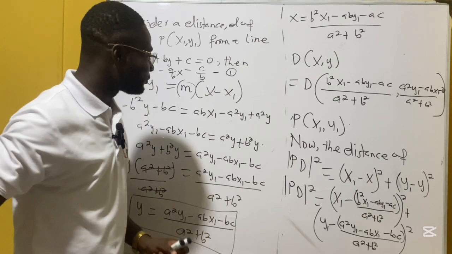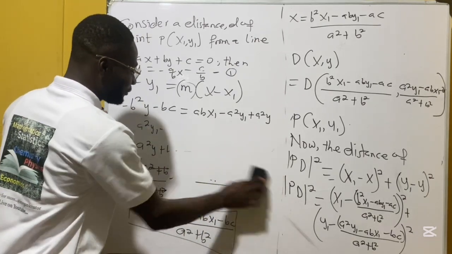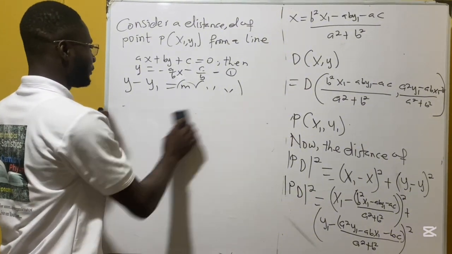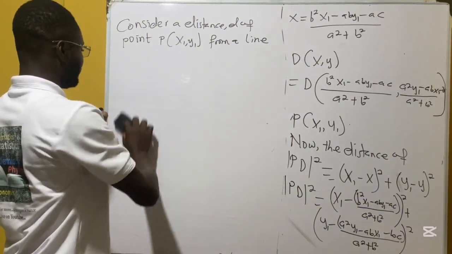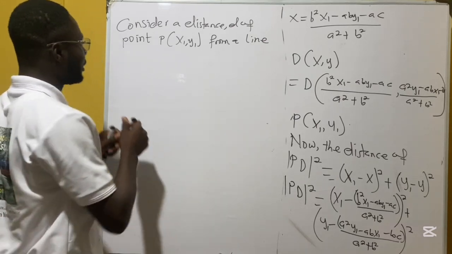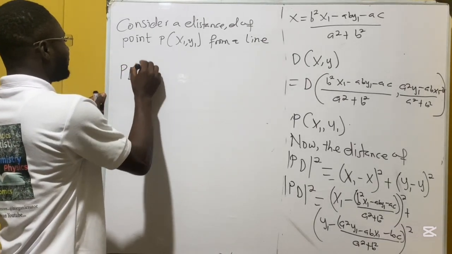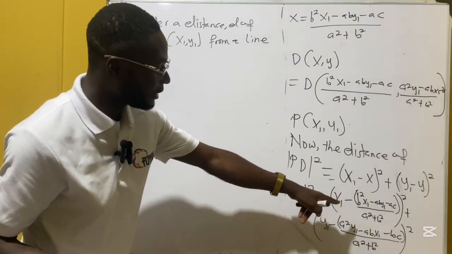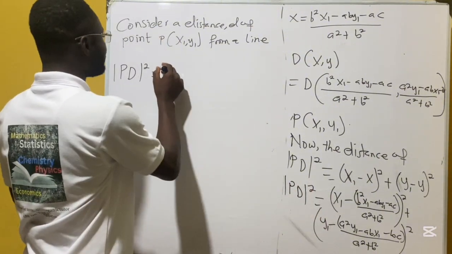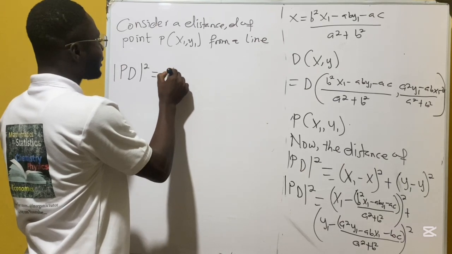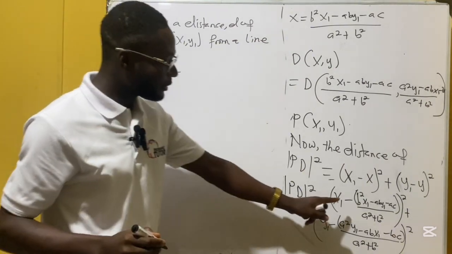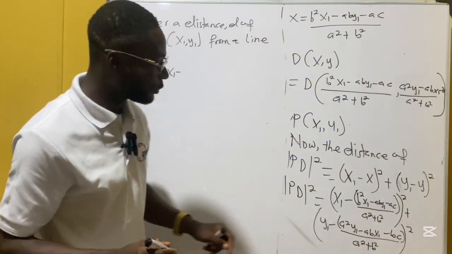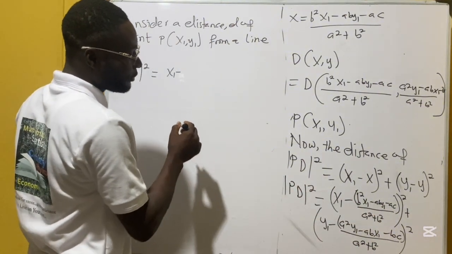Okay, so from here, we say that distance PD all squared is equal to, let's simplify that right in there. So we're going to have our x1 minus, this bracket, this negative is affecting everything in the bracket, right? So let's do that from there.